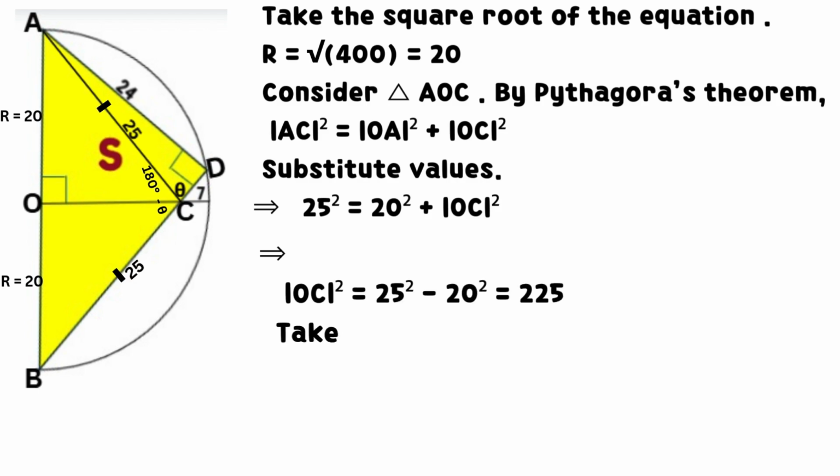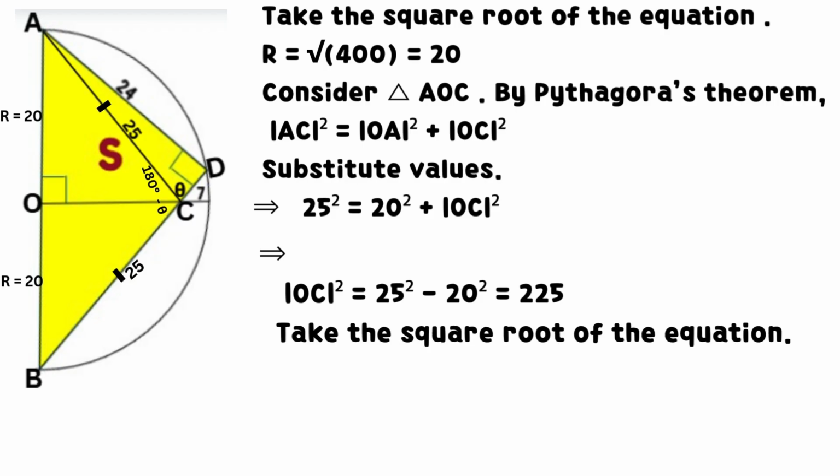This implies that the square of line OC equals the square of 25 minus the square of 20, which equals 225. Take the square root of the equation. This implies that line OC equals the square root of 225, which equals 15.